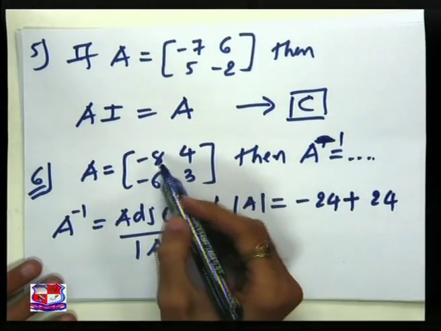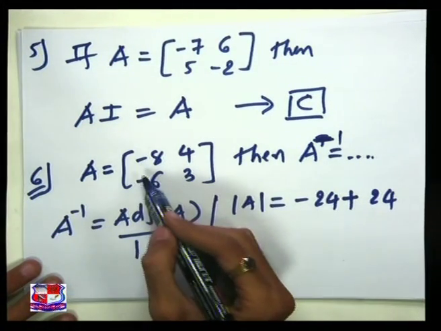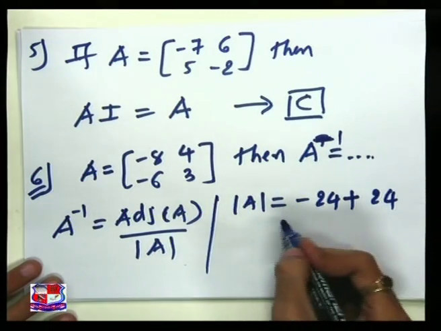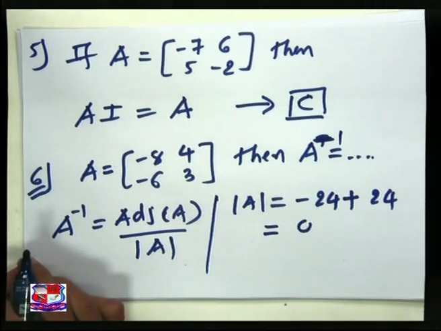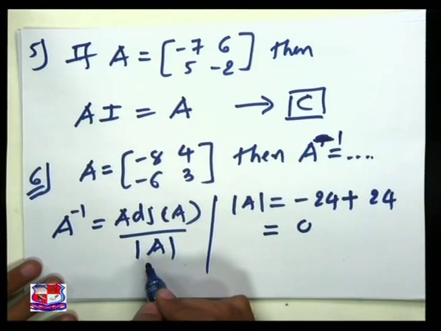That is minus 8 into 3, that is minus 24, plus, because here minus minus is plus, 6 into 4, that is also 24. So here the determinant of A is equal to 0.